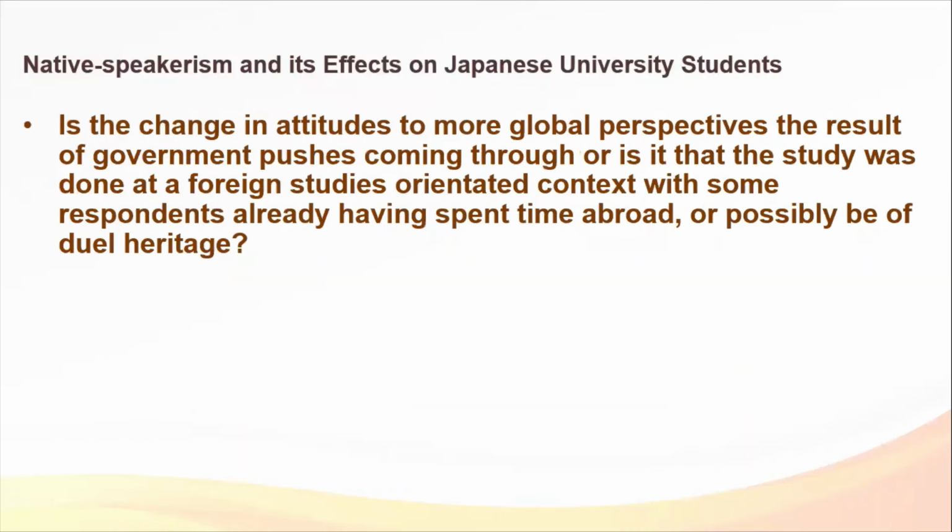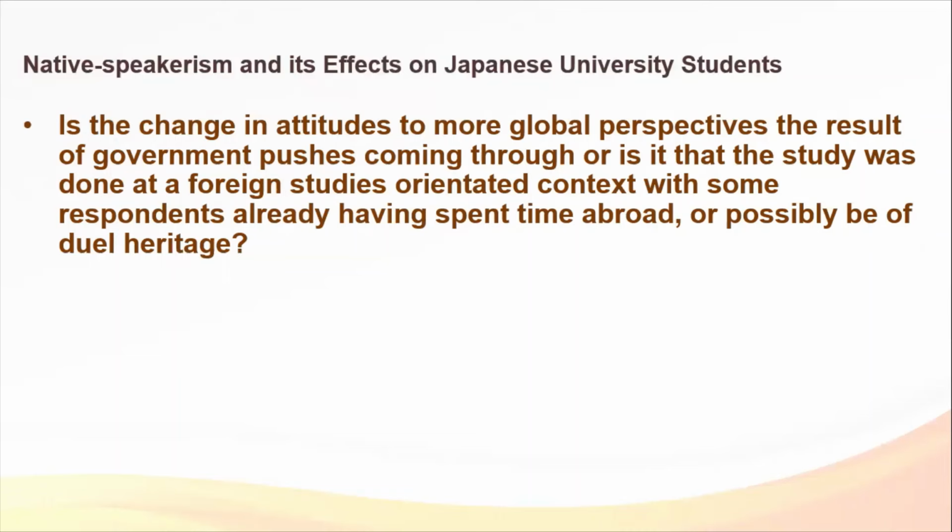And as I showed you in the findings, there was a rise in global perspectives, but is the change in attitudes to more global perspectives the result of governmental pushes, which I mentioned before, which has been going on since the early 2000s? Or is it that the study was done at a foreign studies oriented context with some respondents already having spent time abroad or possibly being of dual heritage?